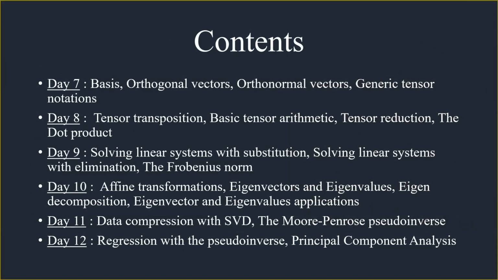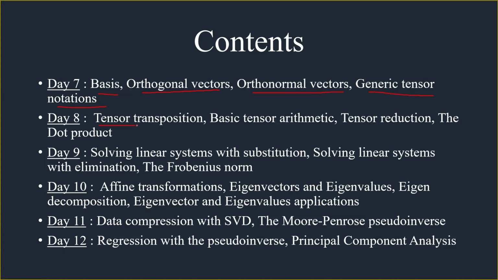What were the concepts we have learned, what will be our learning today, and what we are going to learn in our future sessions. On day 7, or on the Sunday, we learned about basis, orthogonal vectors, orthonormal vectors, generic tensor notations.